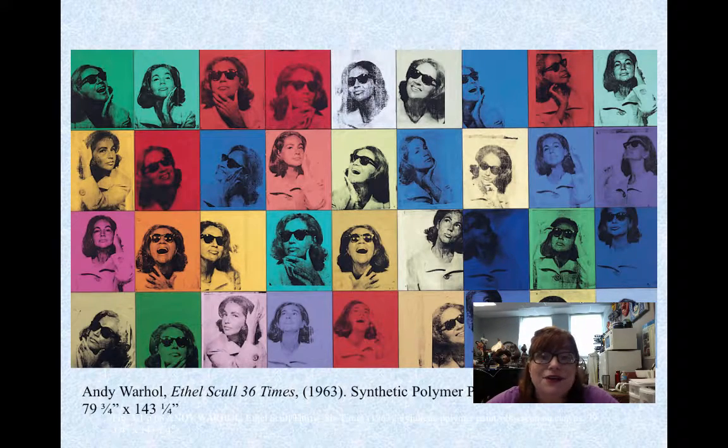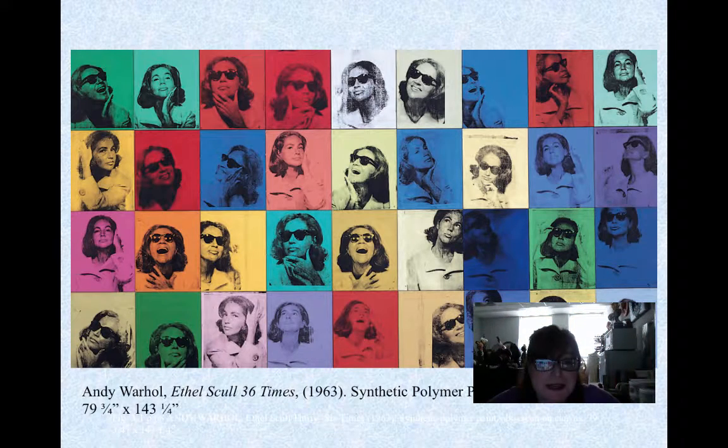Okay, so here we have, if you remember, Andy Warhol took lots of images of Marilyn Monroe. Marilyn Monroe's not the only person he did that with. This is a woman named Ethel Scull, and she was probably one of his donors. She was a wealthy woman, and as it says, Ethel Scull 36 times.